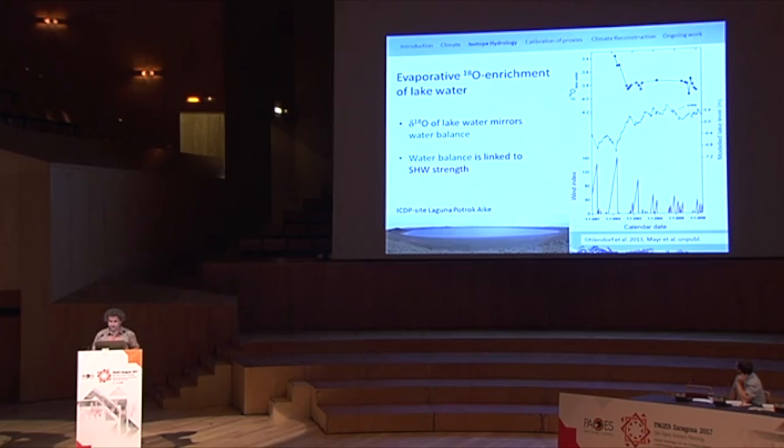As you can see, these were extremely windy years, and the delta 18O values were quite high. And then a more humid period started, and lake levels increased, as well as delta 18O values of the lake water. So we are quite sure that the delta 18O values in this lake are correlated with the wind strength.